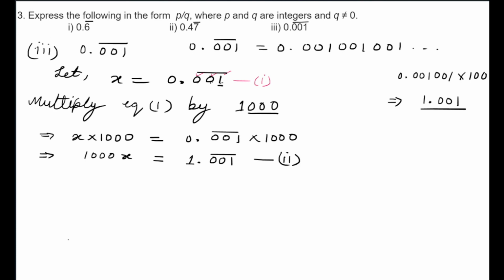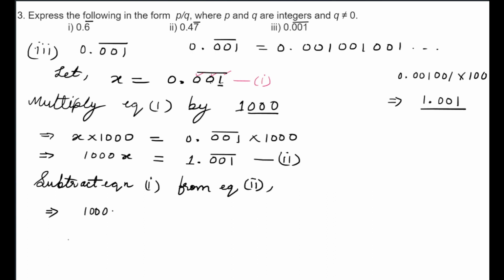Now this is our equation number 2. Likewise, we have done the same thing for question number 1. We need to do subtraction. So subtract equation number 1 from equation number 2. And what do we get on doing that?